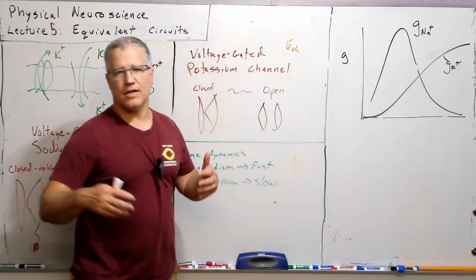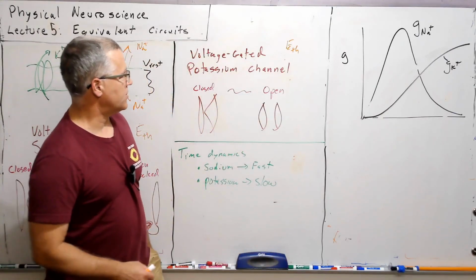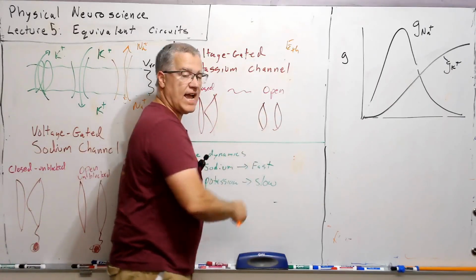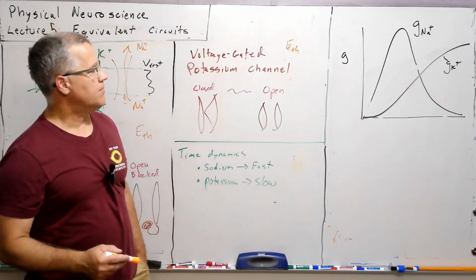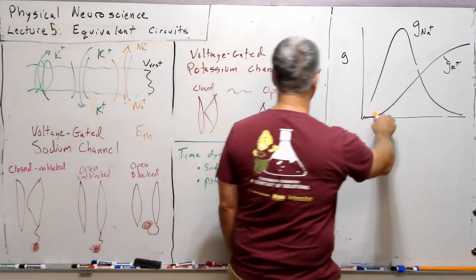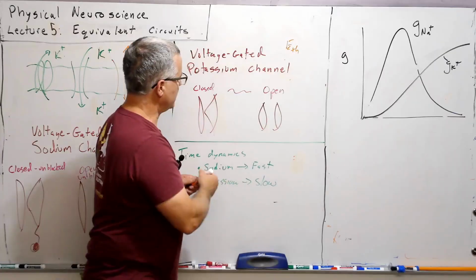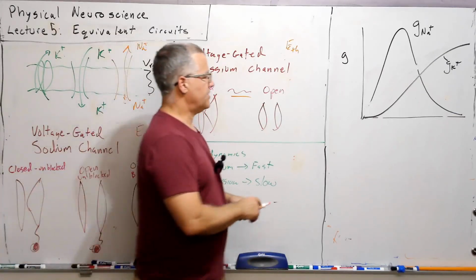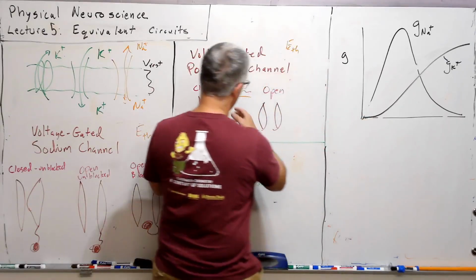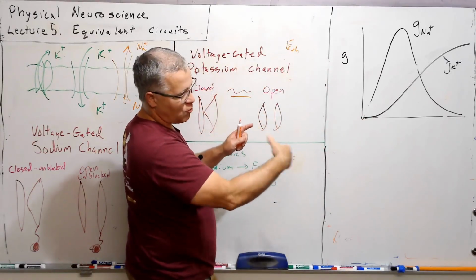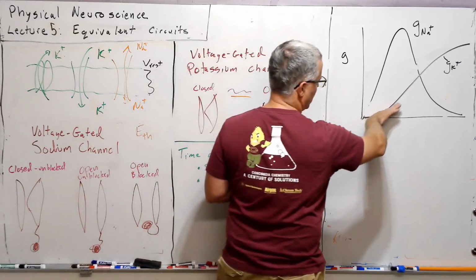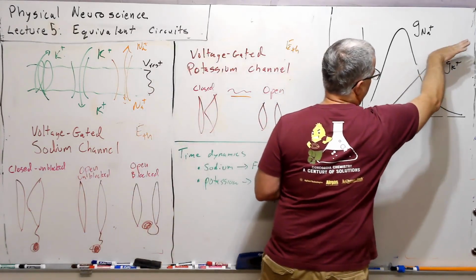Conversely, at least under normal physiological conditions, for potassium we've gone above threshold, we have opened, and we don't have this closing structure. It opens much more slowly, and in fact, I use this squiggle line here in that there's stages of opening, so it has this closed but ready to open, closed but ready to open, and then finally open. So it has this kind of induction period, and then it takes off.